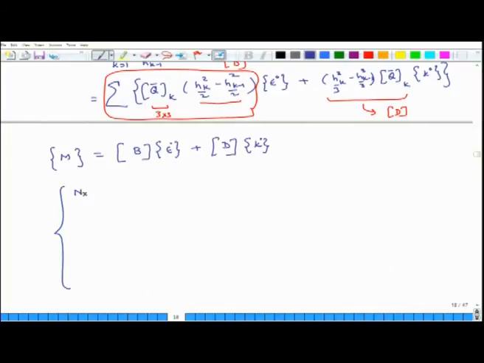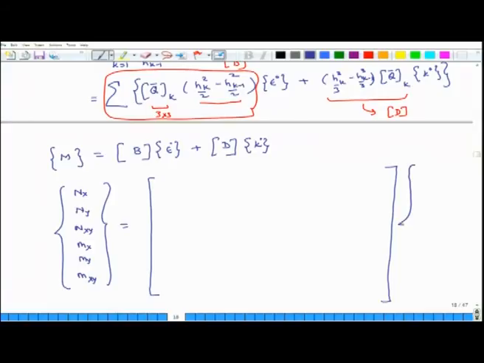So, this is Nx, Ny, Nxy, Mx, My, Mxy. If I have all 6 relations, 3 force resultants and 3 moment resultants, then they are related to mid plane strains and mid plane curvatures using these relations.